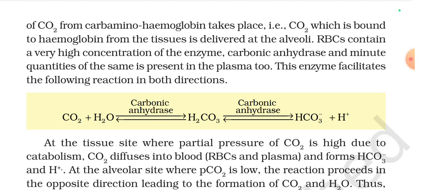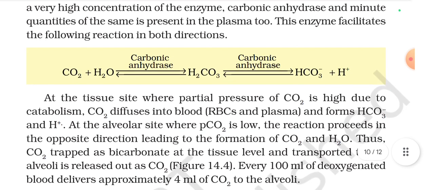RBCs contain a very high concentration of the enzyme carbonic anhydrase, and minute quantities of the same is present in the plasma too. This enzyme facilitates the following reaction in both directions. CO2 plus H2O in the presence of carbonic anhydrase forms H2CO3.